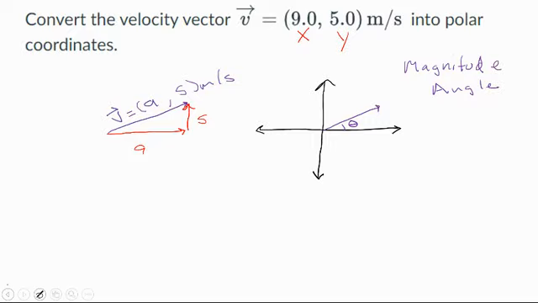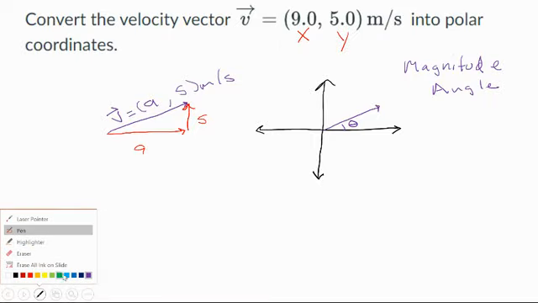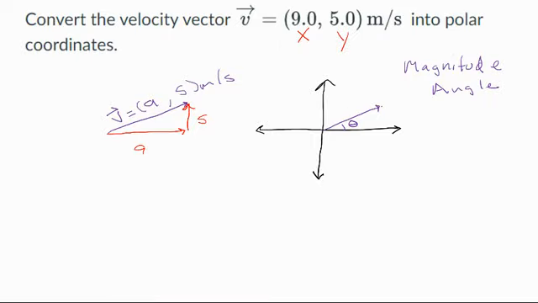Also on the xy plane, if we're starting from the origin, there's some information that we need to know. Sometimes it makes it easier. But that point right there is 9, comma 5, the tip of that magnitude. So I need to know the length from here to here. That's the magnitude.